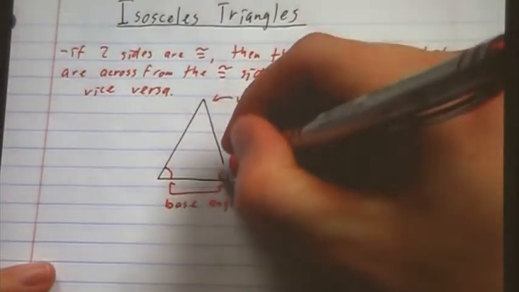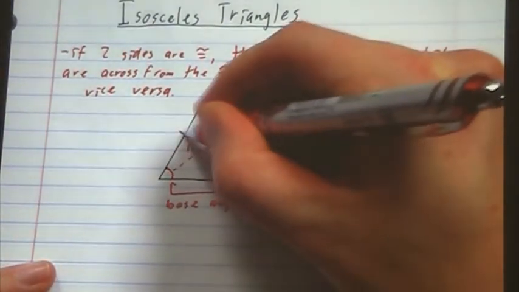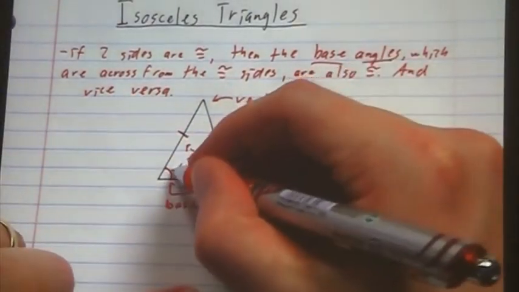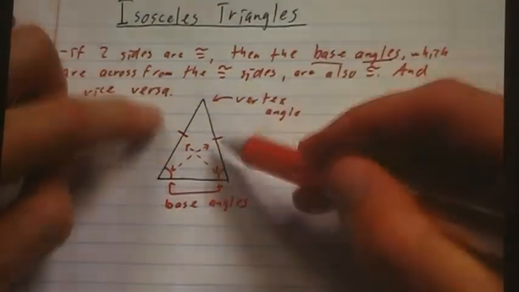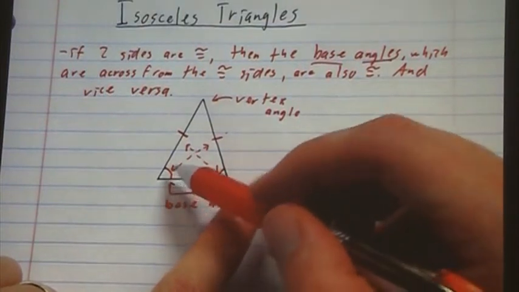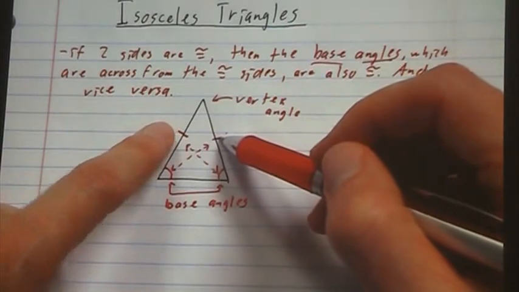And across from the base angles are going to be your congruent sides. Okay? And across from your congruent sides are going to be your base angles. So it kind of goes both ways. If you got two congruent sides, you know the angles across from those sides are congruent. If you got two congruent angles, you know the sides across from those congruent angles are also congruent.